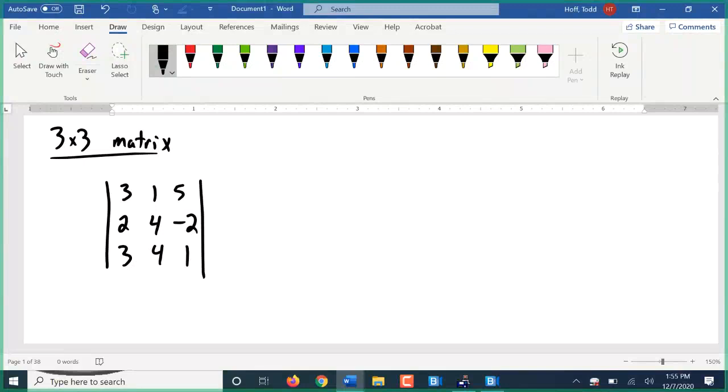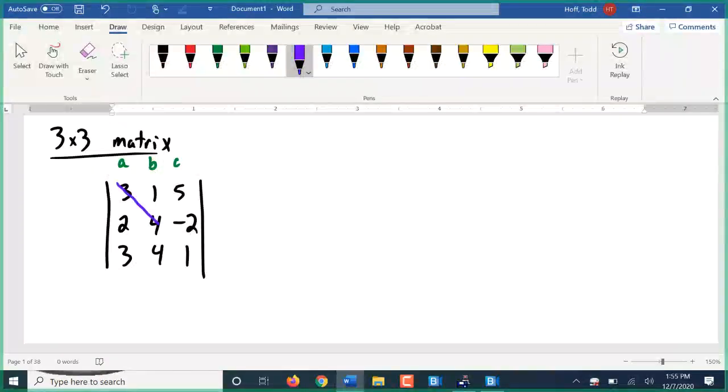So if I have a 3 by 3 determinant, I'm going to label my columns here A, B, and C. The reason for that is to start off my calculation, the first thing I have to do is rewrite some columns. And let me explain why before I actually do it.